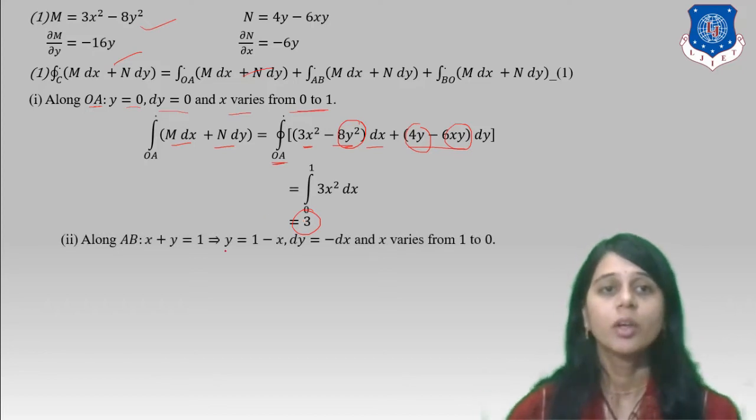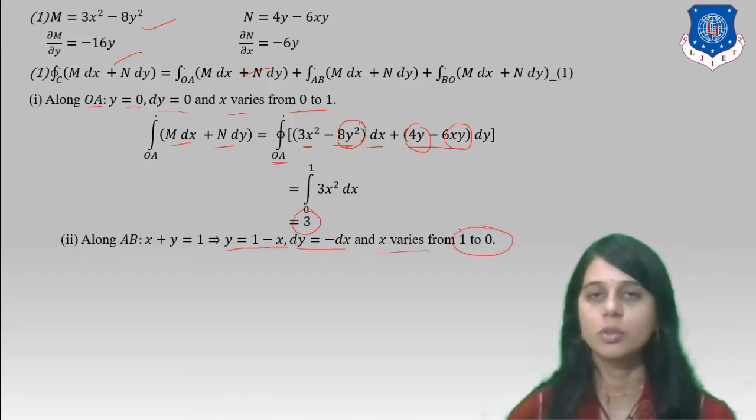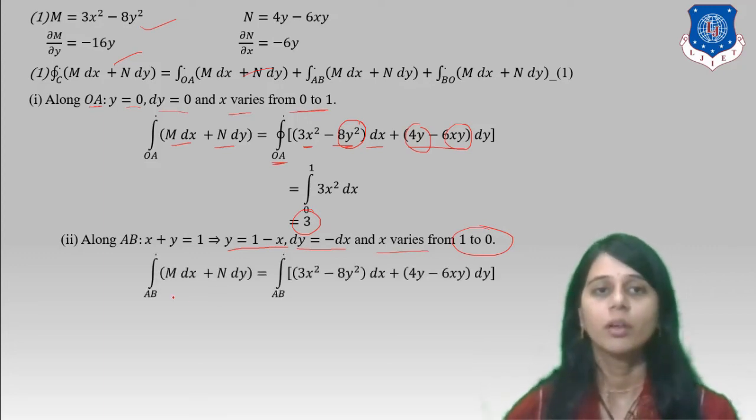Second, now I am taking the AB path. For the AB path, x plus y equal to 1, y equal to 1 minus x, dy equal to minus dx, and x varies from 1 to 0.